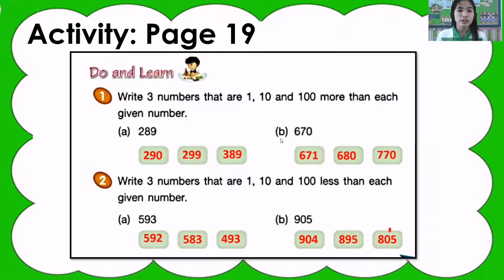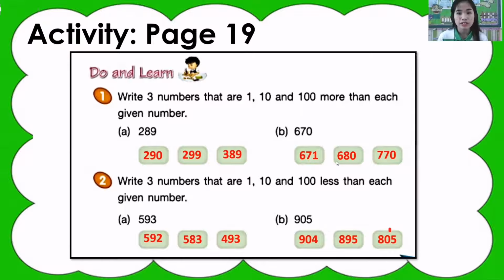Okay, so we have here also letter B. Letter B, 670. 670 plus 1, that is 671. So you are going to write on the box. On the second box, if you will add 670 plus 10, that is 680.